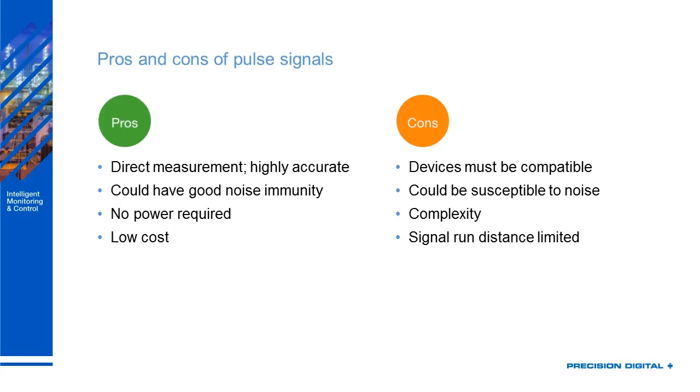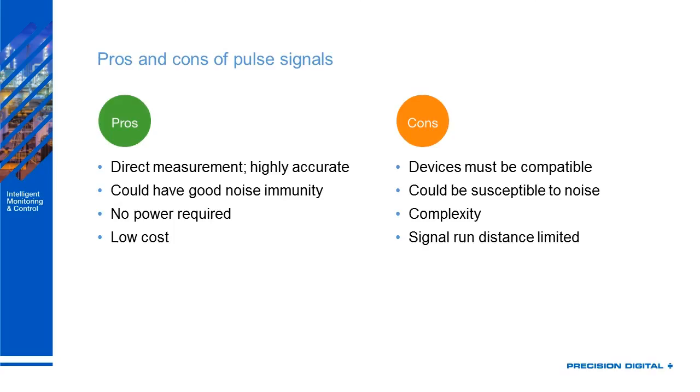Even though it may change my 10 volts to 9.8 volts, it's still going to be very easy to pick up the fact that 9.8 volts was clearly meant to be a high, and 0.2 volts was clearly meant to be a low. So if you have a nice strong active pulse signal coming out of that, then it's going to have good noise immunity characteristics.